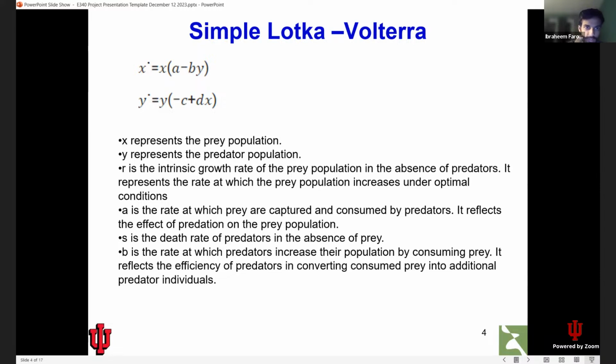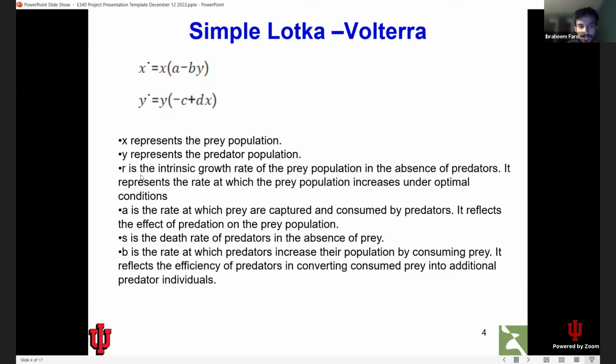And here we'll see the ordinary differential equations describing the two. X is the prey, and Y is the predator. I accidentally wrote the wrong coefficients, but I'll just replace those with what they're supposed to be.